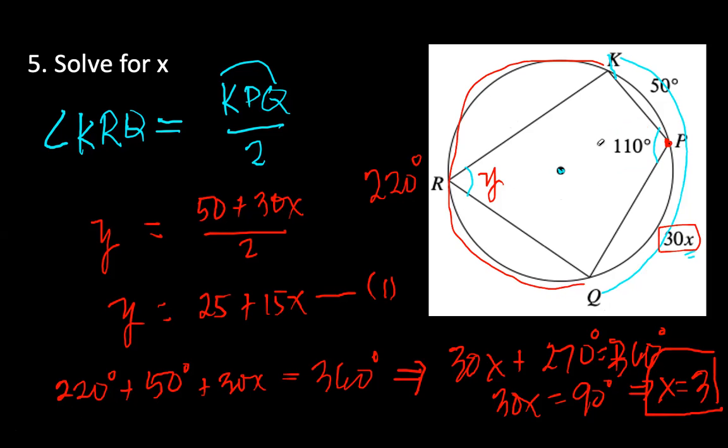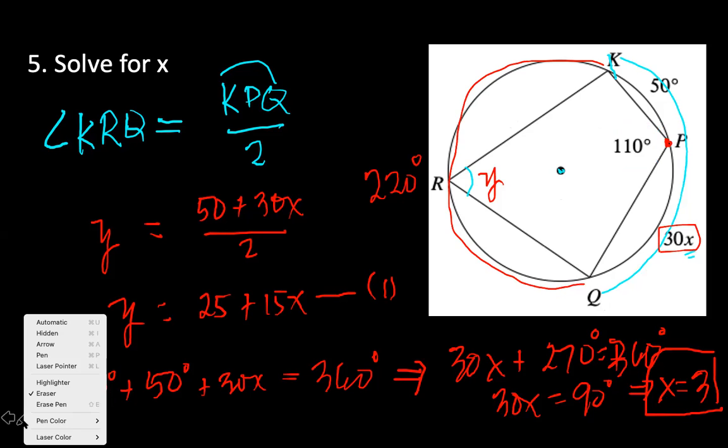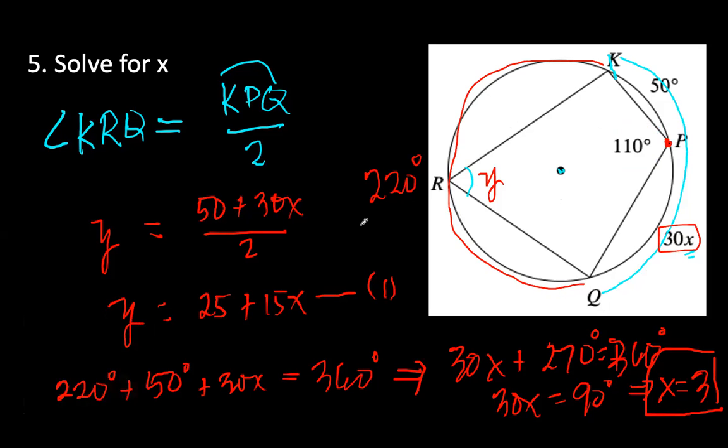Okay, so let me just clear this up. Okay, again, there is a special property in a quadrilateral. Now let's consider its opposite angles. The opposite angles of a quadrilateral are always supplementary.